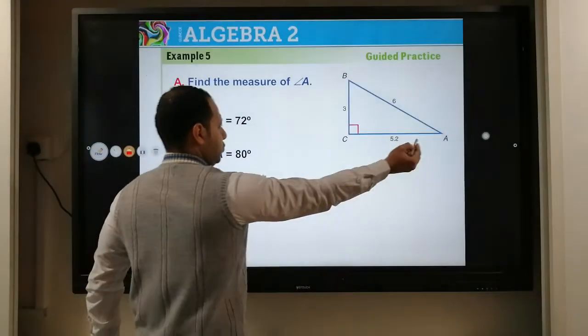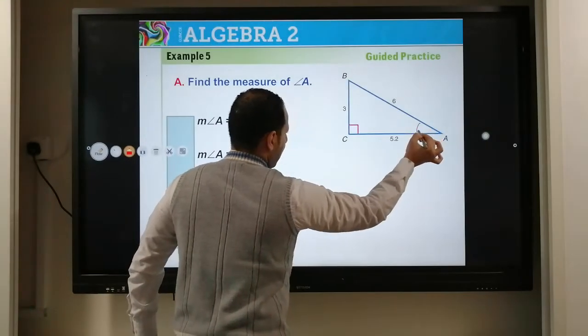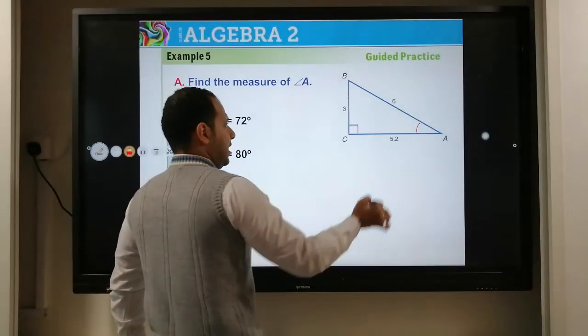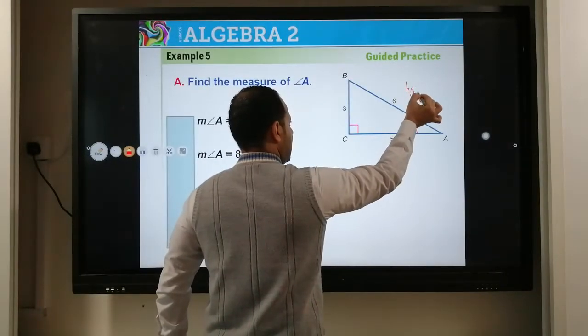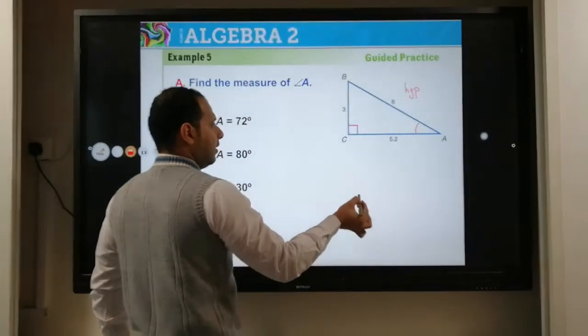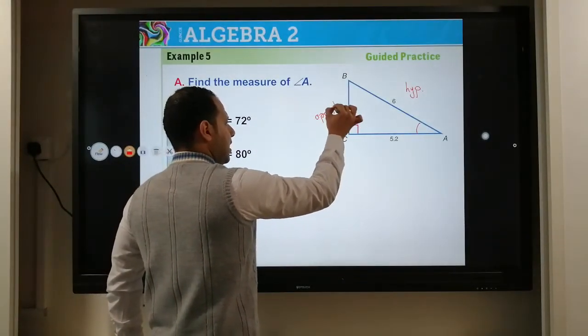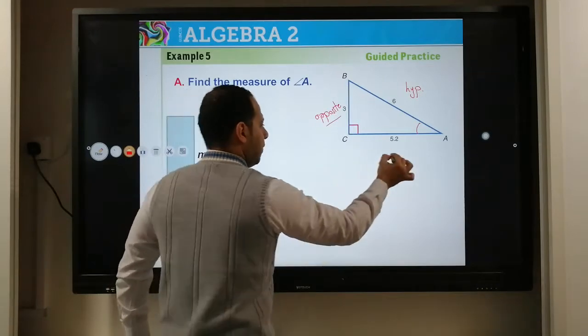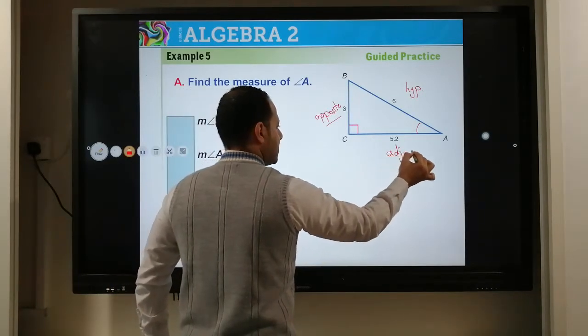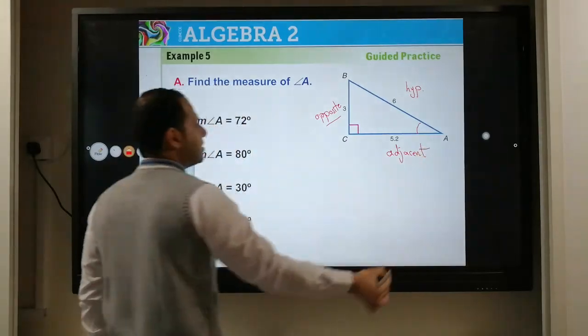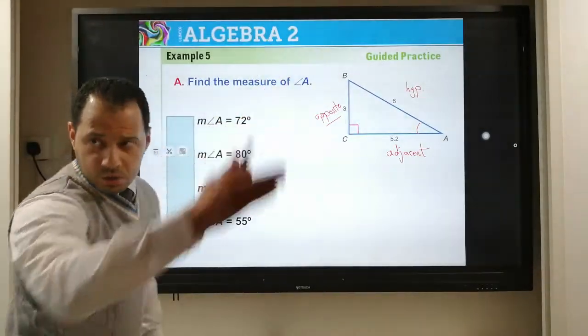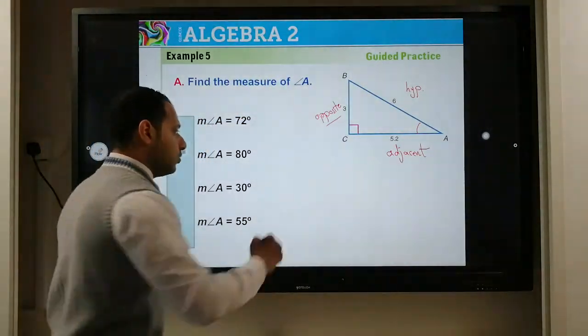I need to use cosine for this angle A from the beginning. Yes, 6 is the hypotenuse, excellent. And 3 is your opposite side. Yes, and this is my adjacent side. Okay, let's start to use cosine.